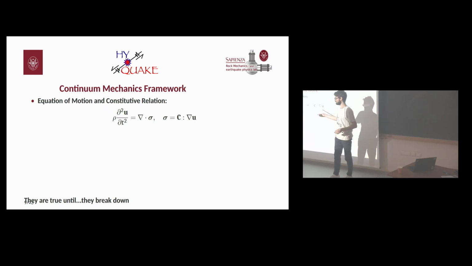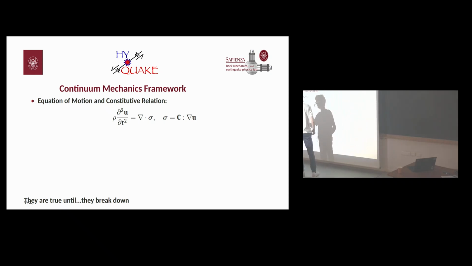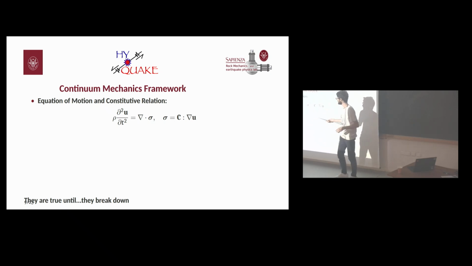And this is local. To me it was really hard to grasp that I never see a bunch of stuff that moves all together in a rock, because a rock is made of a lot of different stuff. So how does it come out that I can use this equation on this scale to explain what's happening inside? How come that this stuff produces waves when at small scales we know this can't happen? This equation breaks down.